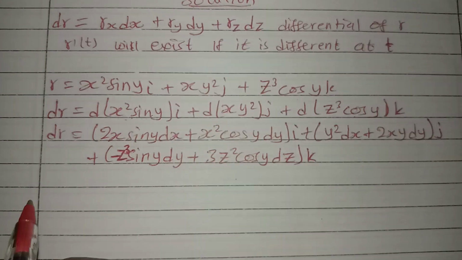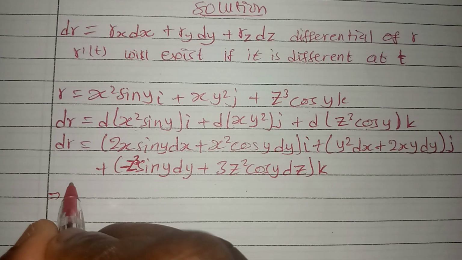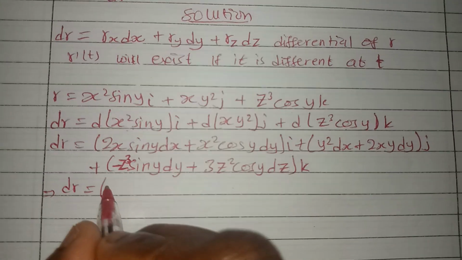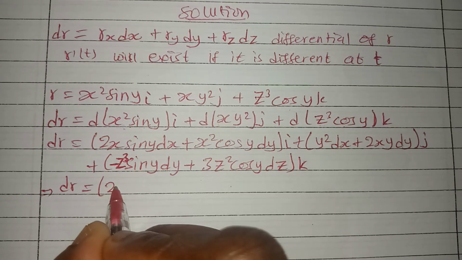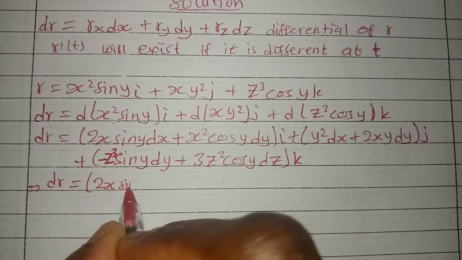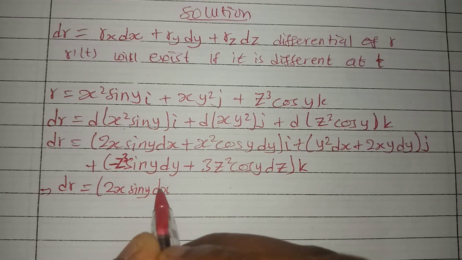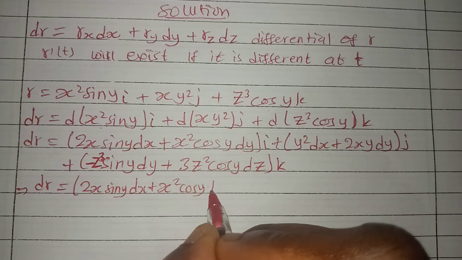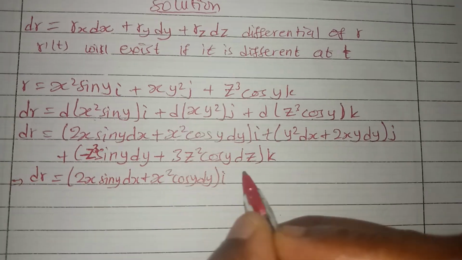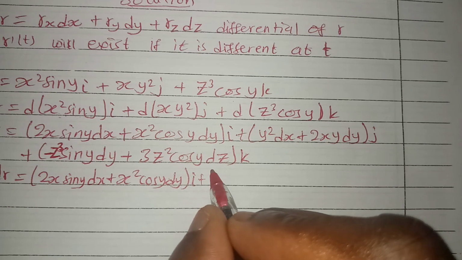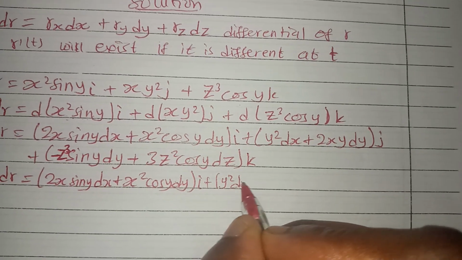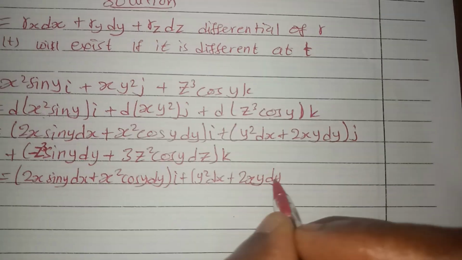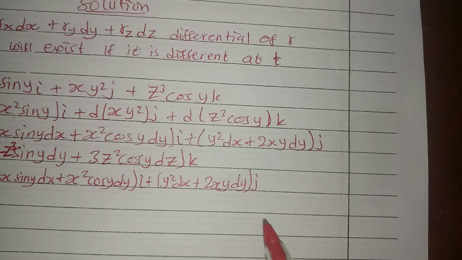Reorganizing this, the final answer is dr equal to, in parentheses, 2x sine y dx plus x squared cos y dy, i, plus y squared dx plus 2xy dy, j.